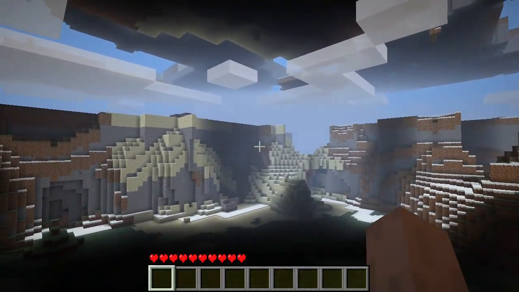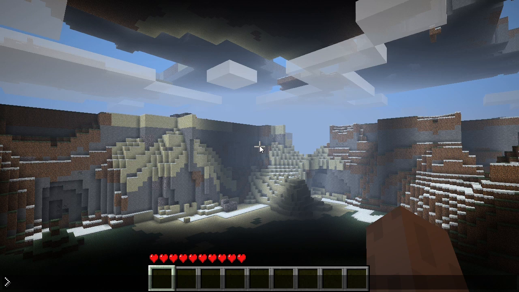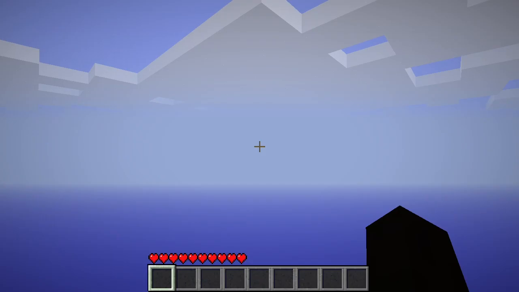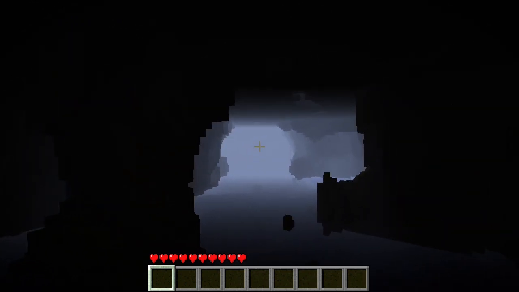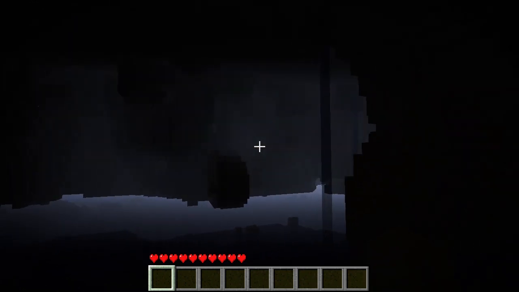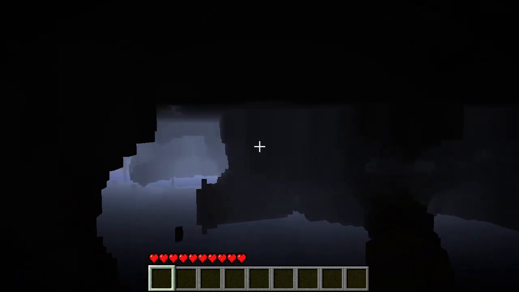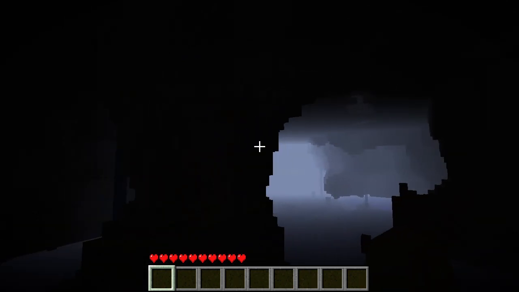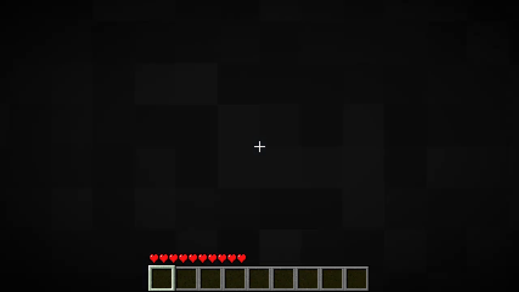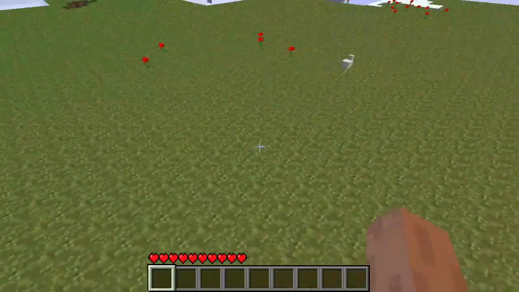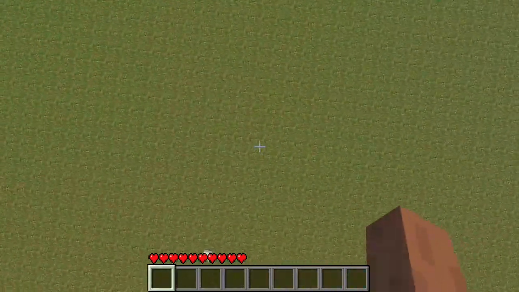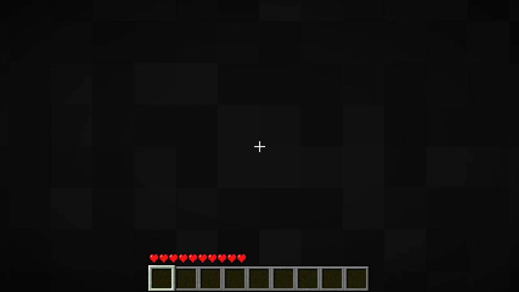Here you can see, if we're in the positive quadrant and teleport to the negative quadrant, that these caverns in the negative quadrant directly correspond to the large hills in the positive quadrant. And if we head up to the top here, we see that these low areas directly correspond to the floating islands in the positive quadrant.